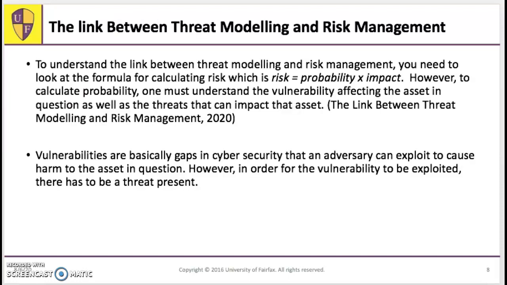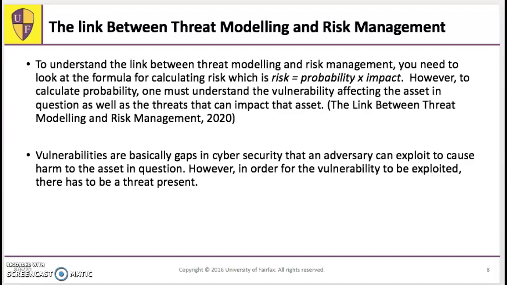So now, the line between threat modeling and risk management. This calculated risk says risk equals probability times impact. So if you understand the risk, and you say the probability is going to be high, then you determine what the impact is. So basically, it probably should say impact times probability equals risk.